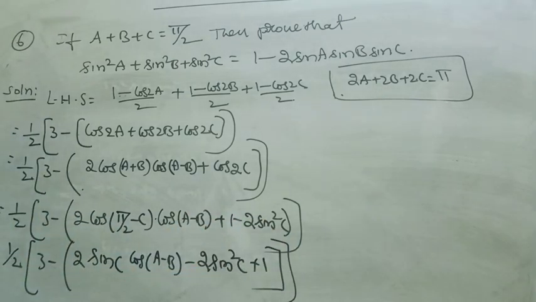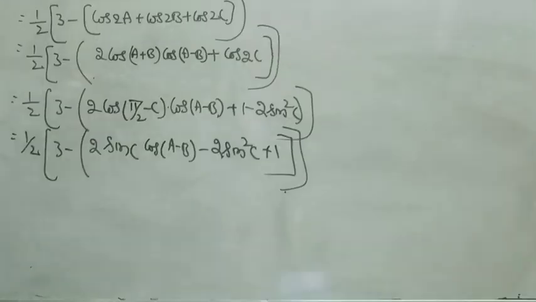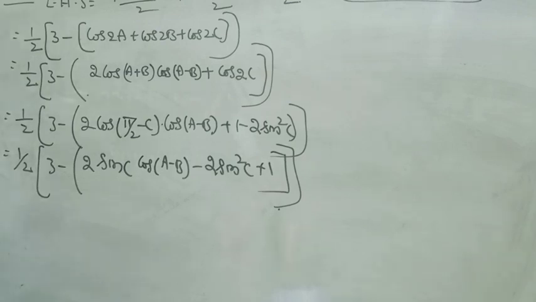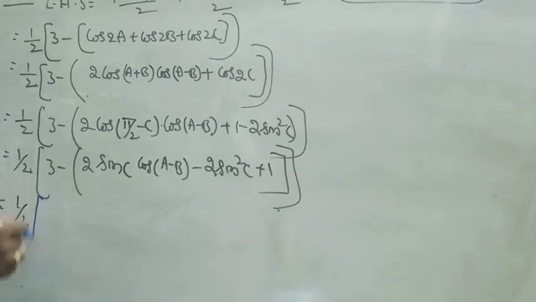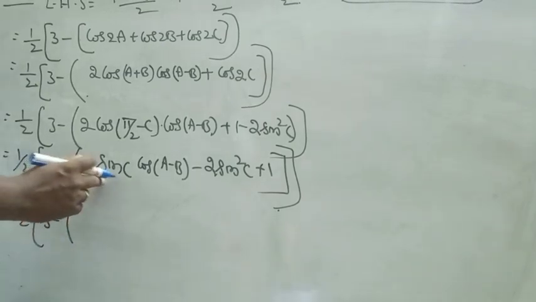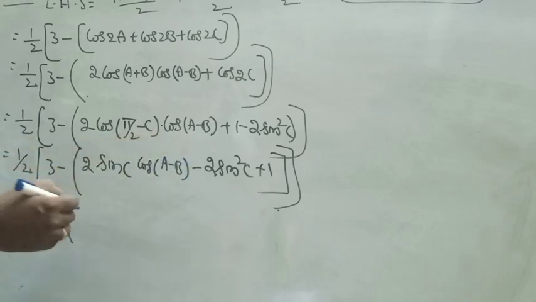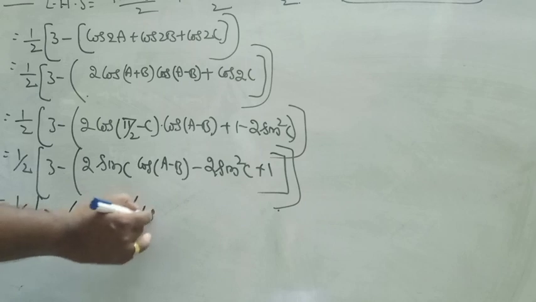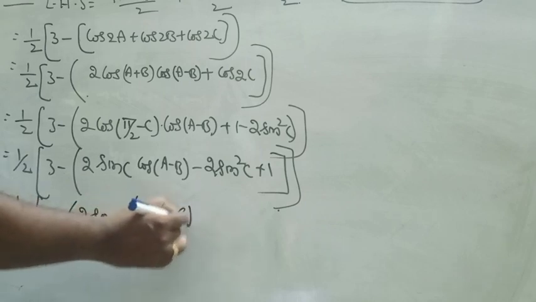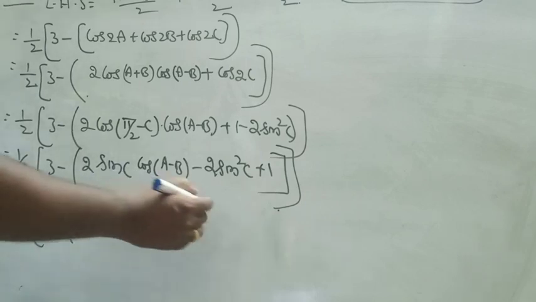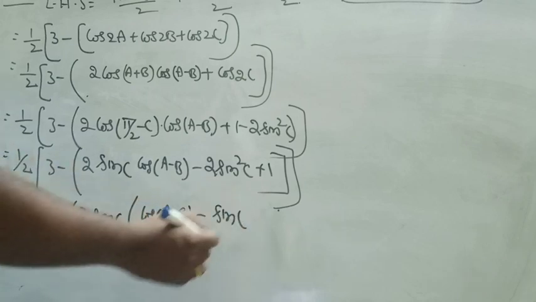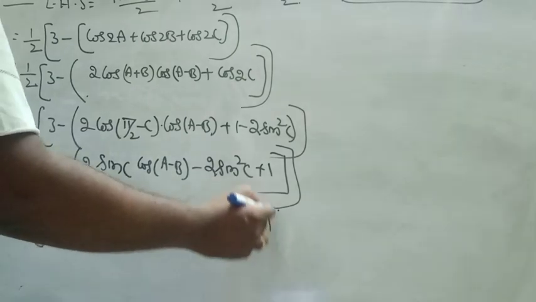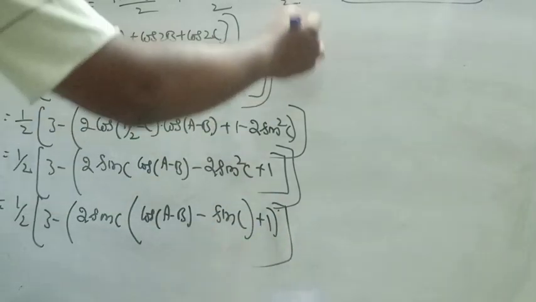Fine. Once we have got it like this, my dear students, this is now 1 by 2 into 3 minus of 2 sine c, which we can take common here. If you take 2 sine c common, this is now cos (a minus b) minus sine c, plus 1, like this.